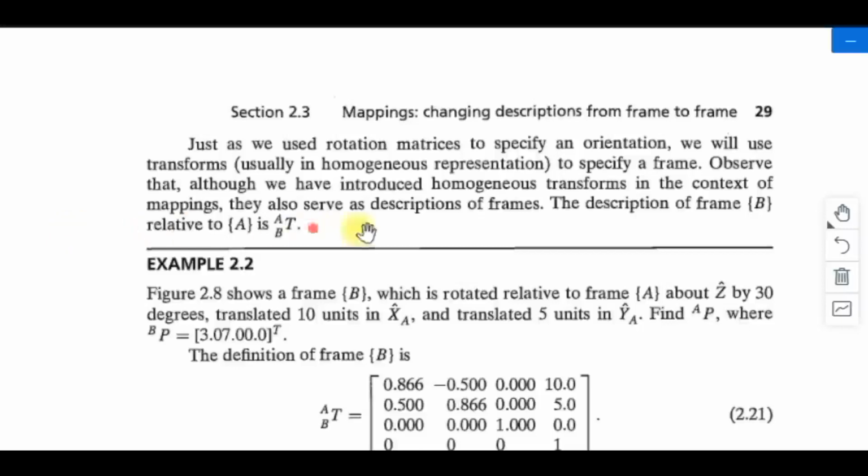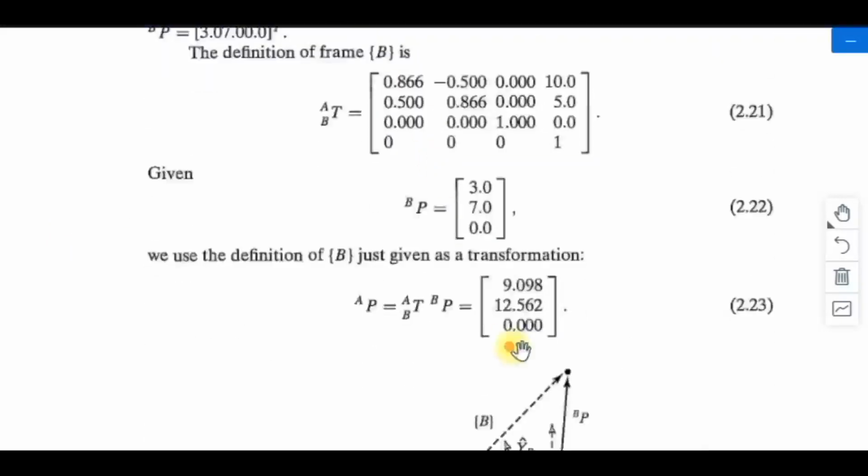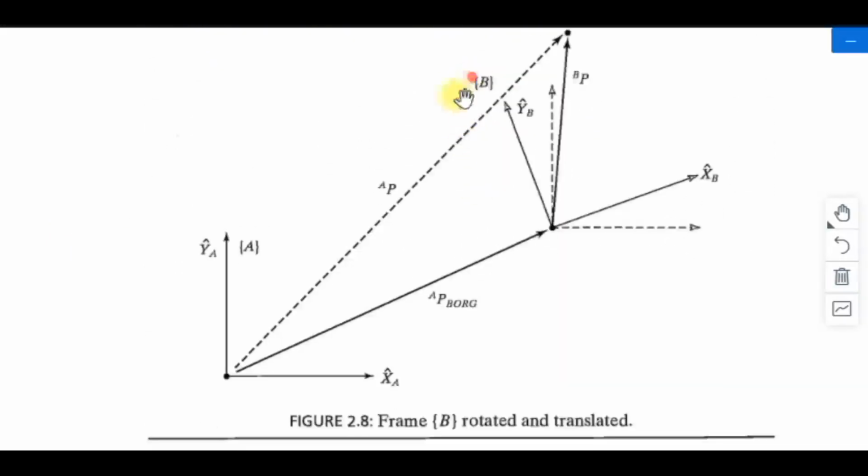So, let figure 2.8, which is this, where Z is pointing outwards from your paper, so it is x-axis and y-axis.